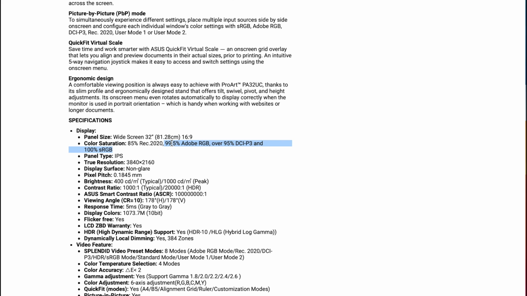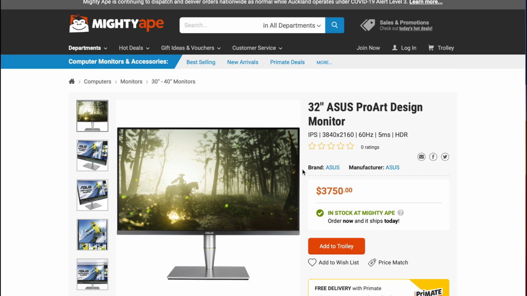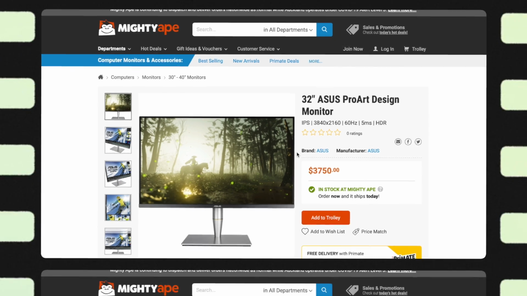So if you really need this type of monitor, you can go and buy it now, and its price is going to drop soon, so it depends on yourself. Even though I edit videos, I don't actually need to buy a monitor like this, because it's really only for professional users. So you have to consider it yourself.